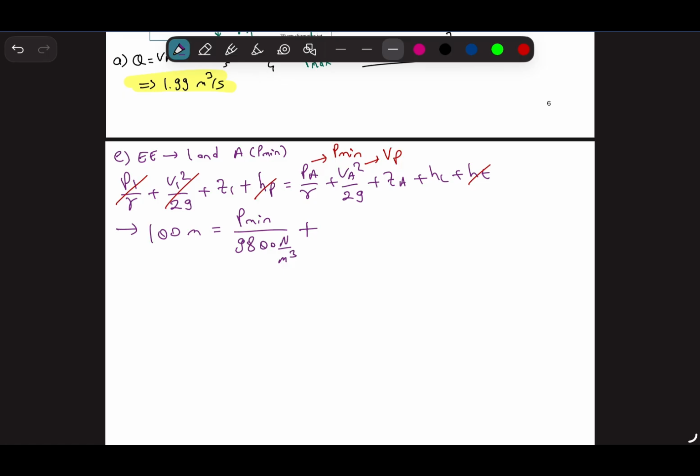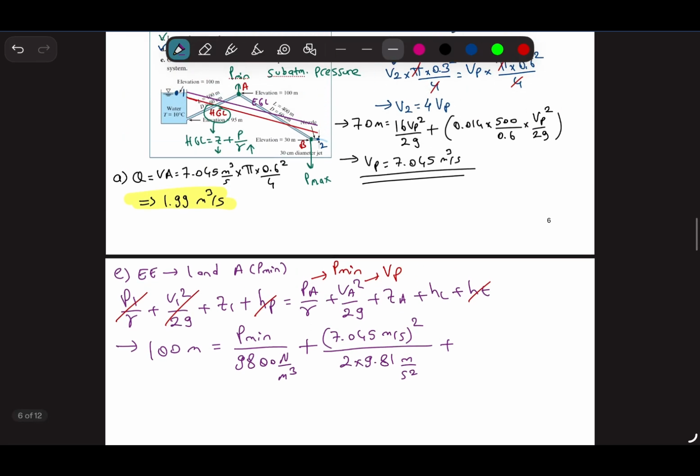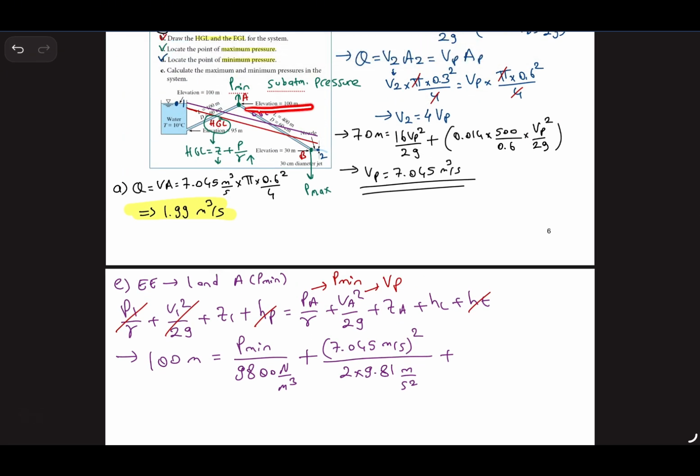Then we have Vp square over 2g. We have the A. So they have the same elevation, which is 100 meters.